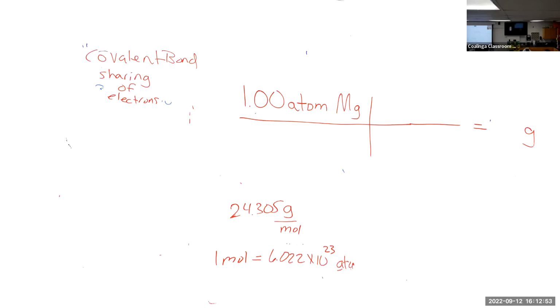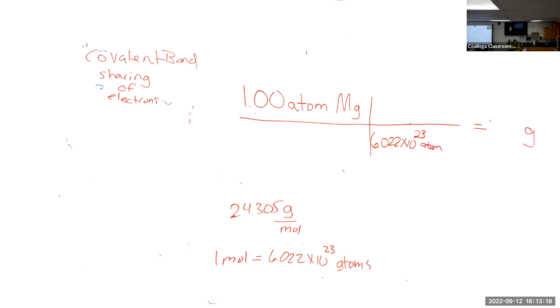Yeah. Okay, because we know that 1 mole can be anything that we want, right? So we want this to be atoms. So I have atoms. If I want to get rid of atoms, what am I going to use? Okay, 6.02 times 10 to the 23 atoms.